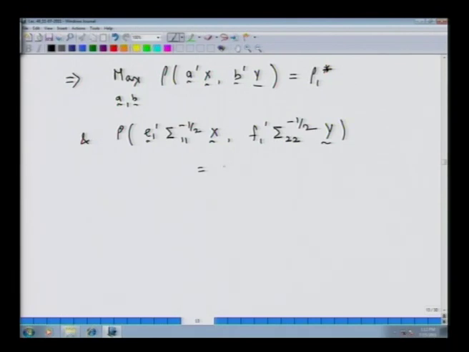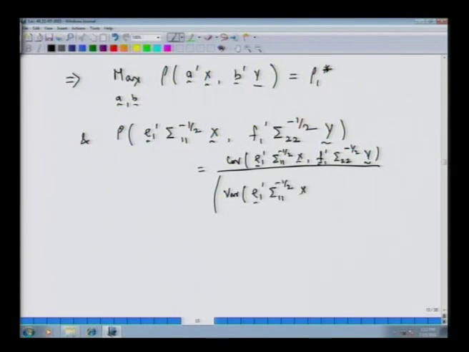So, this correlation is equal to the covariance between E 1 prime sigma 11 to the power minus half times x and F 1 prime sigma 22 to the power minus half times y, divided by the variance of the respective terms: the variance of E 1 prime sigma 11 to the power minus half x, into the variance of the other term, which is F 1 prime sigma 22 to the power minus half times y, whole raised to the power half, of course.